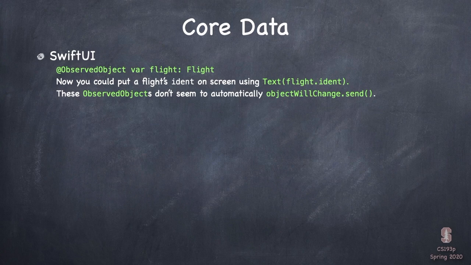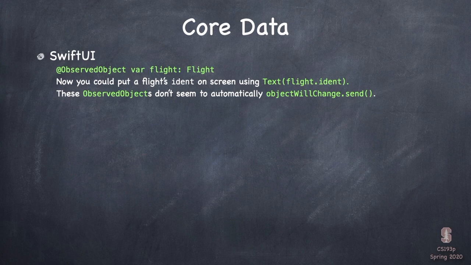The observed objects, by the way, as far as I can tell, do not seem to fire automatically when things change in the database. So if you want them to change, you need to explicitly call objectWillChange. But these do make these flights and airports and airlines feel like little mini view models, and that's really what they are. They're little view models on a little flight.